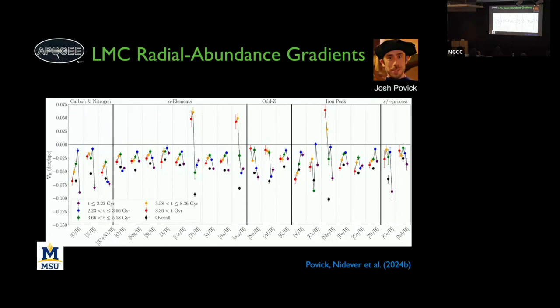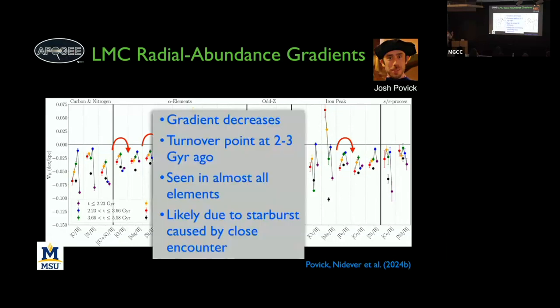And one of the things you can see is that there's kind of this turnover behavior, especially for the elements that I pointed out here. And what we think is happening is this is a result of the close interaction of the clouds with each other and this starburst of about 2 to 3 gigayears ago, which is seen in almost all of the elements, not just alpha elements. So we think this had a really dramatic effect on the Magellanic Clouds.